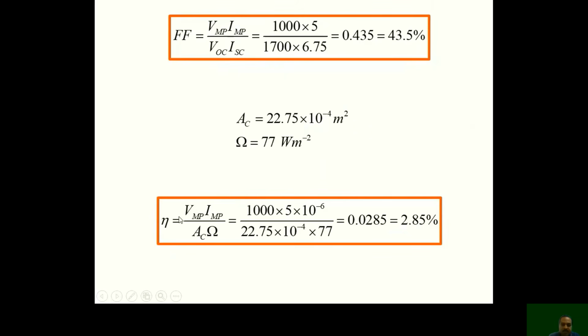So we can obtain the efficiency as the ratio between the output power to that of the input power. So it comes out to be 0.0285, that is 2.85%. So the final result for the current experiment is the fill factor is 43.5% and the efficiency is 2.85%.